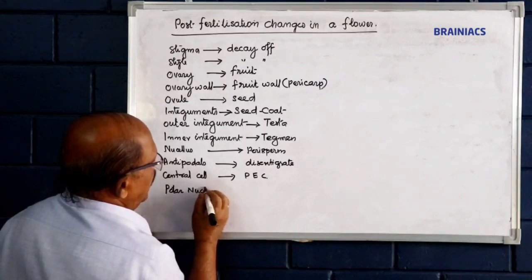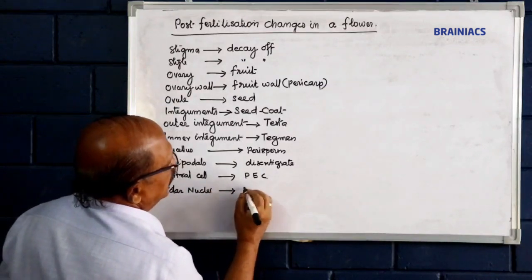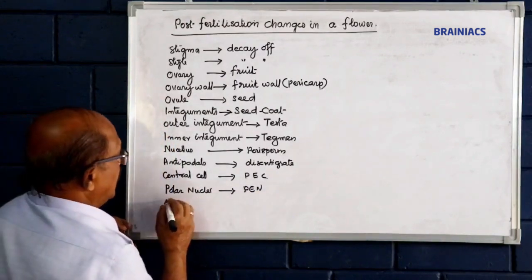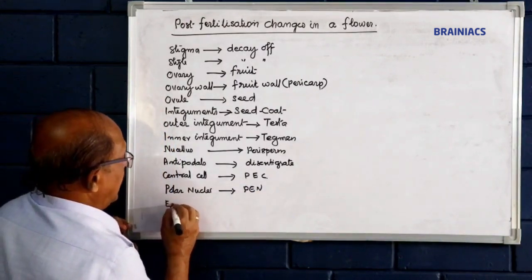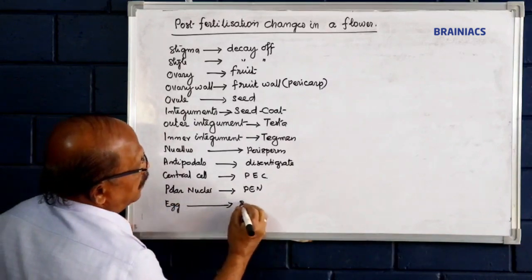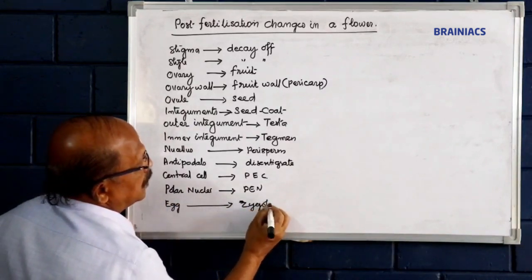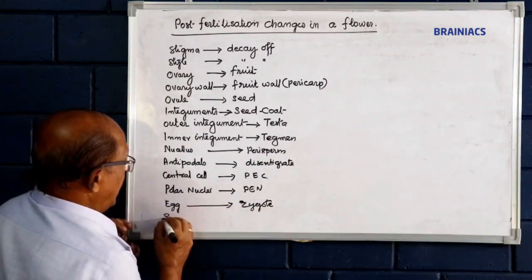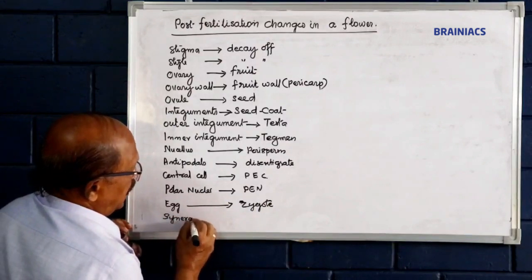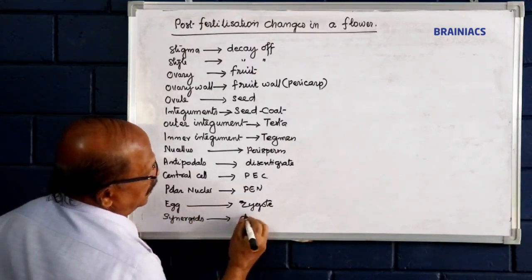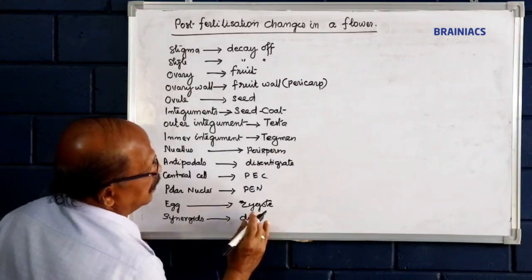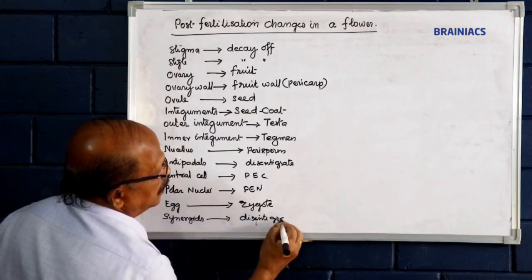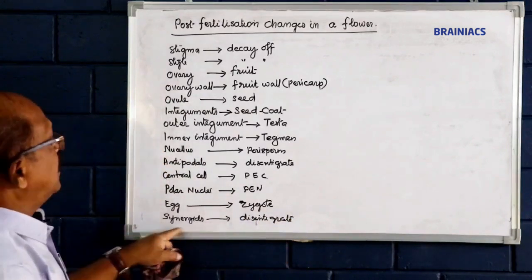Polar nuclei become PEN, primary endosperm nucleus. Egg becomes zygote. Synergids disintegrate.